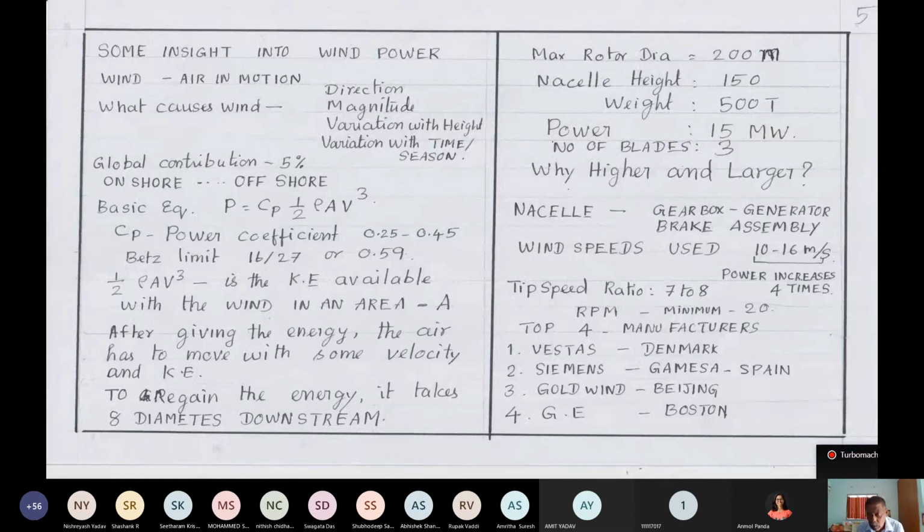A separate motor is used for that. So you have to sense the direction of the wind and change accordingly. This nacelle, the internal equipment, will be kept at a large height. Maybe people have gone up to 150 meters, which is really very, very high. At that height, this nacelle weight may be 500 tons.